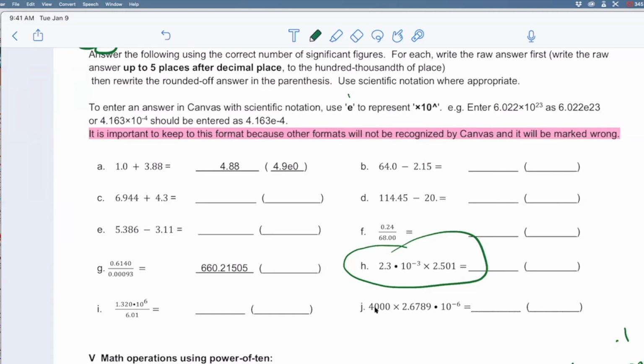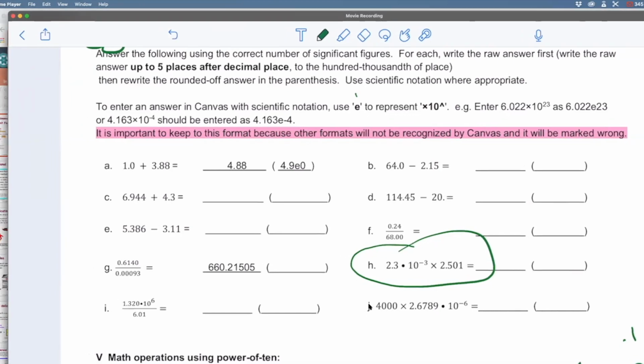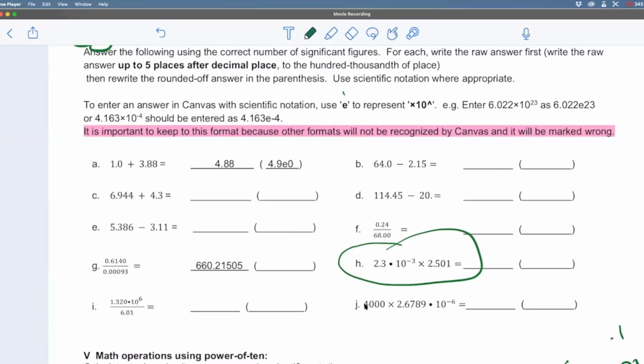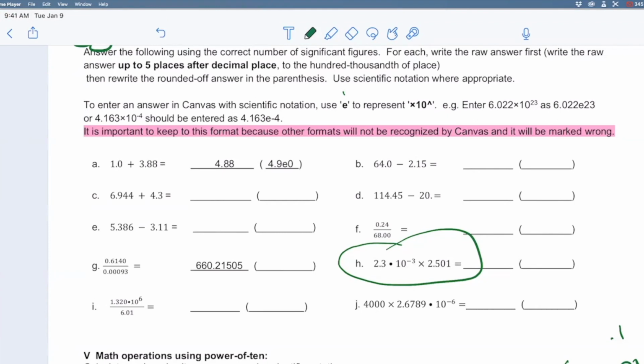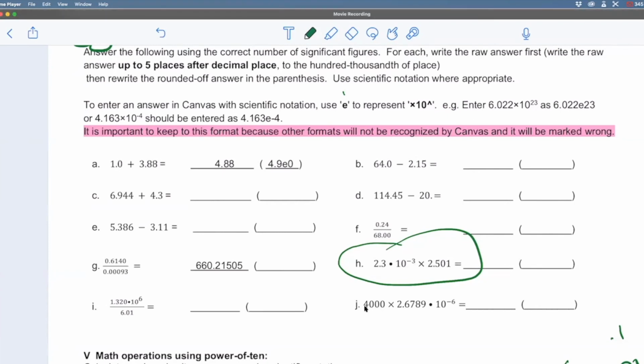Oh, am I doing this right? So this digit right here does have 1. So your answer has to have 1 significant figure, because your data has 1 significant figure and 5 significant figures. The fewest significant figures is 1.